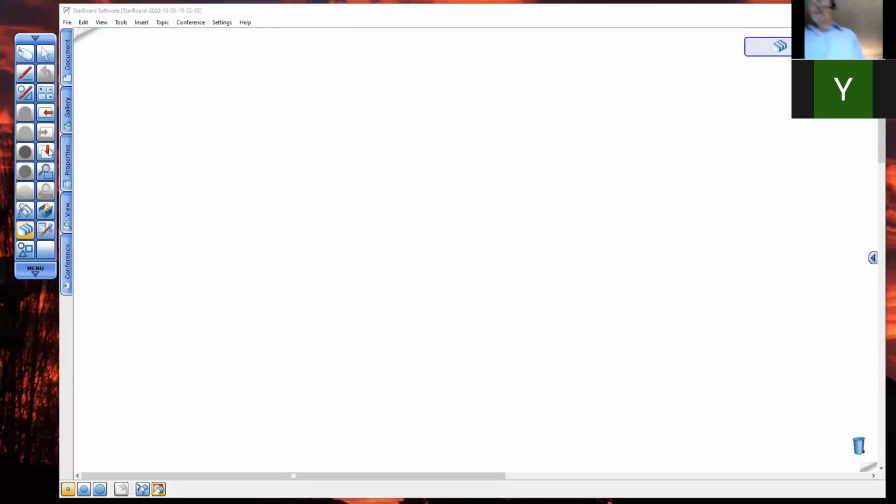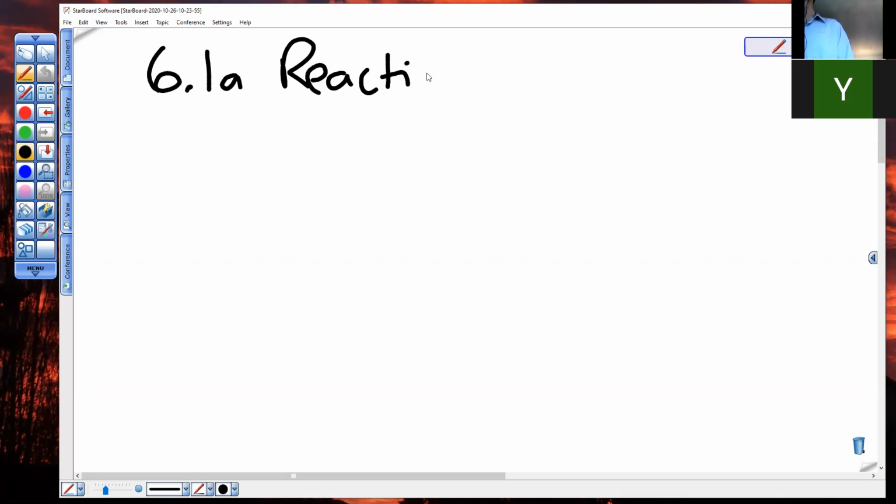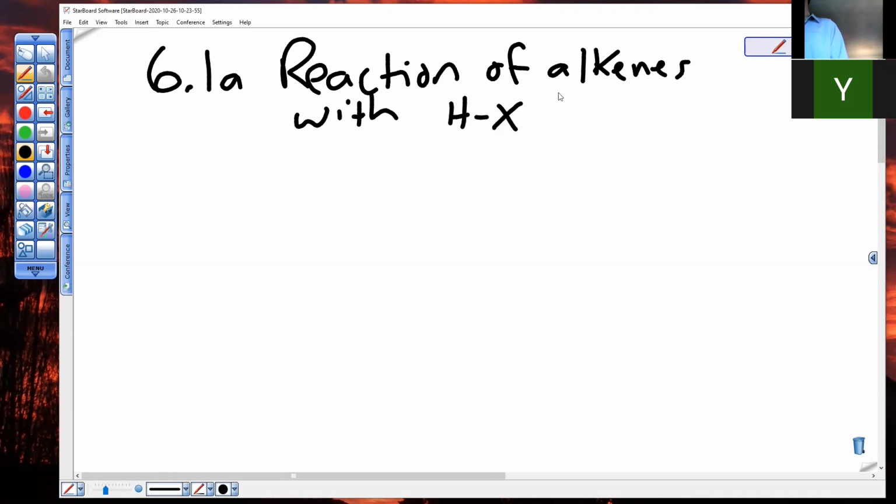Now we have in our book, we have mechanisms starting in chapter 6.1a. Reaction of alkenes with HX, typically HBr or HCl.